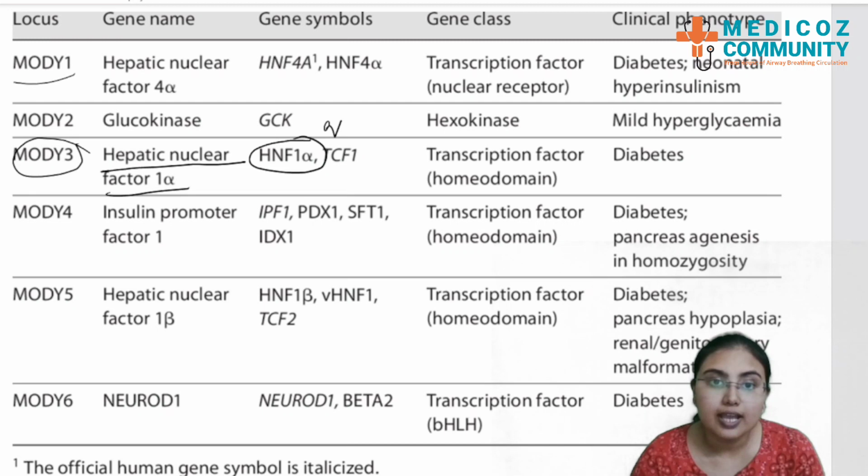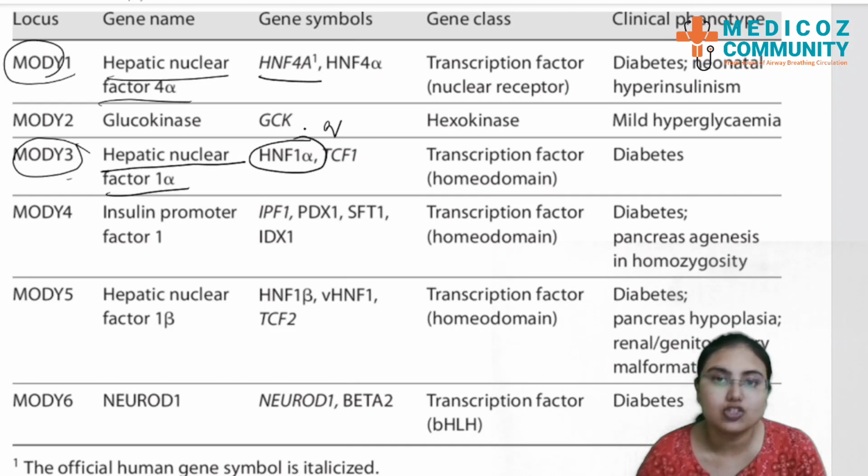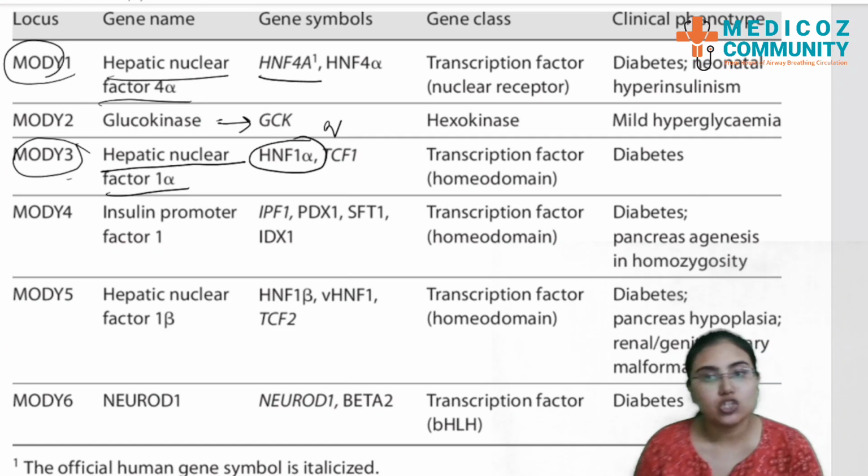MODY type 1 has hepatic nuclear factor 4 alpha, HNF4A, and MODY 3 is HNF1 alpha. This is what is frequently asked, HNF1 alpha, while MODY 2 has glucokinase. Okay, so GCK is the gene mutation there.